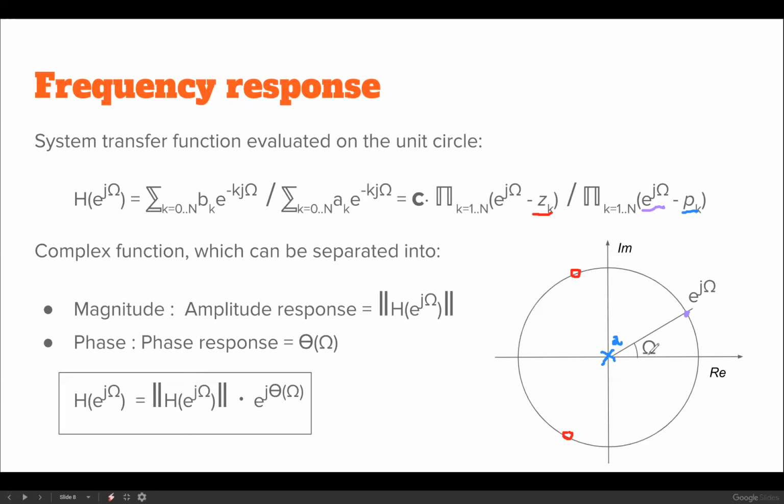The angle is just e to j omega. So the frequency response also has a graphical representation.